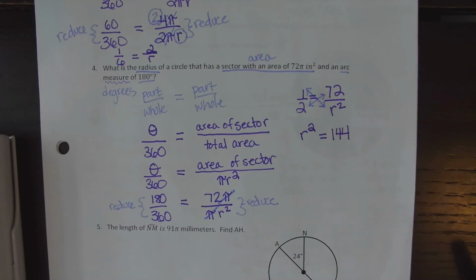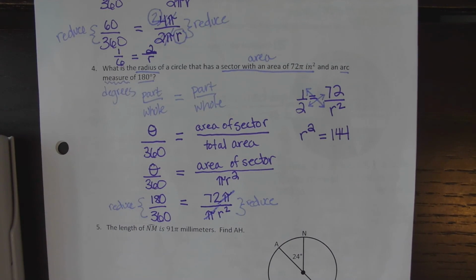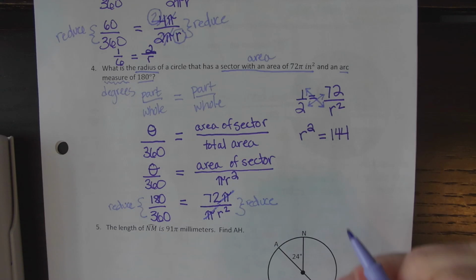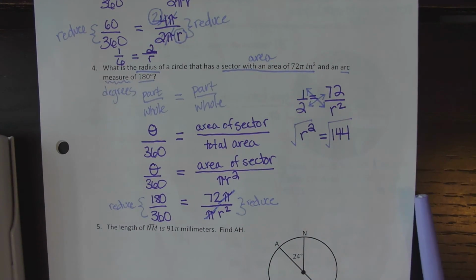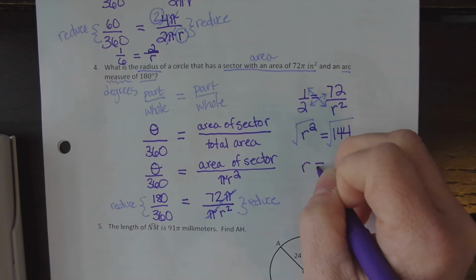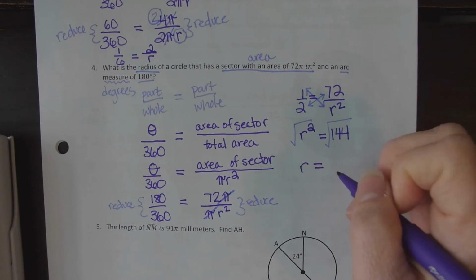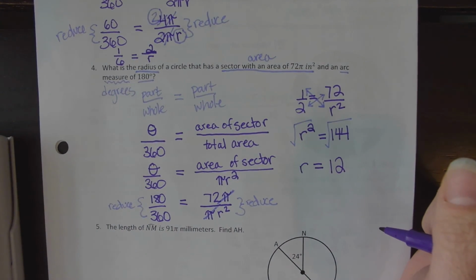Now this has one more step because I don't want the radius squared, I want the radius. So how do I undo that squared? Yep, we're going to square root both sides. And the radius can only be positive, so we're only going to worry about the positive square root of 144, and that is 12.